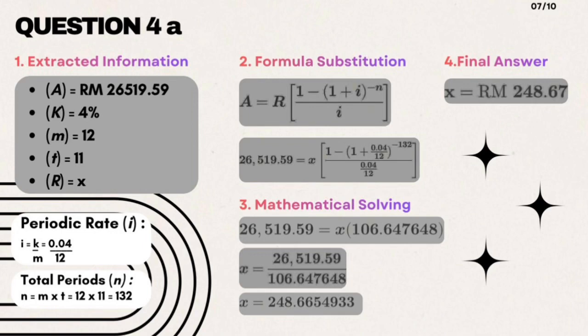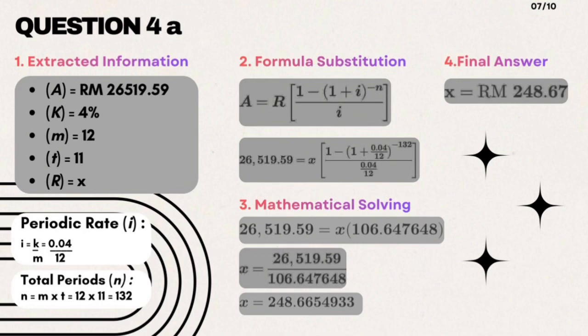We also find the total period N by multiplying M by T, which gives us a total of 132 monthly intervals.